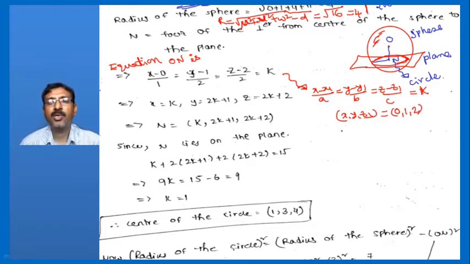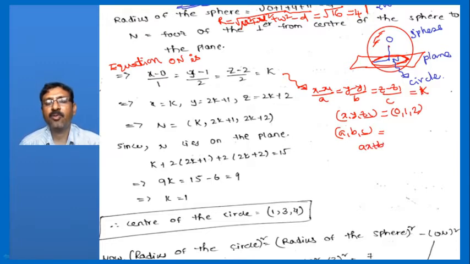And what are the a, b, c? a, b, c are the DRs of the line, and they are the coefficients of the plane.